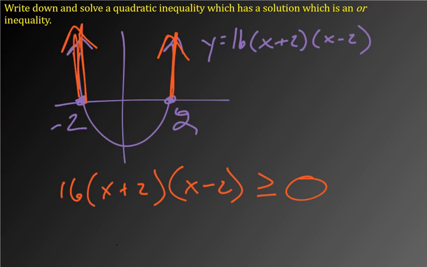And that would be a quadratic inequality where you'd have to answer it being bigger than 2 or less than -2. The answer to this would be x greater than or equal to 2 or x is less than or equal to -2. So that would be the answer.